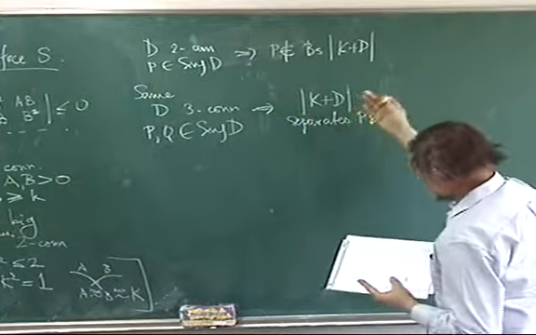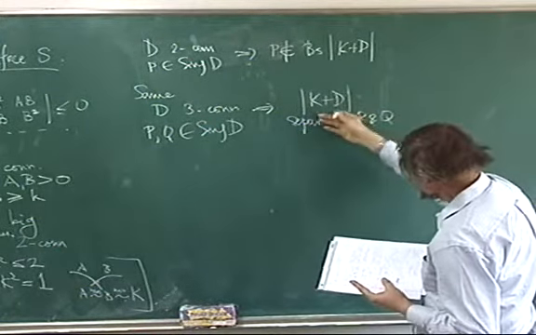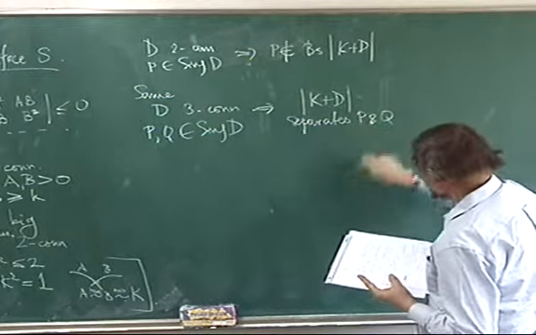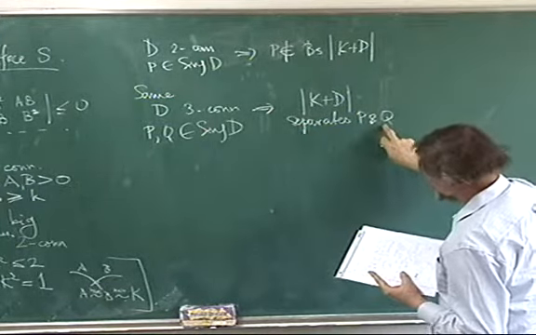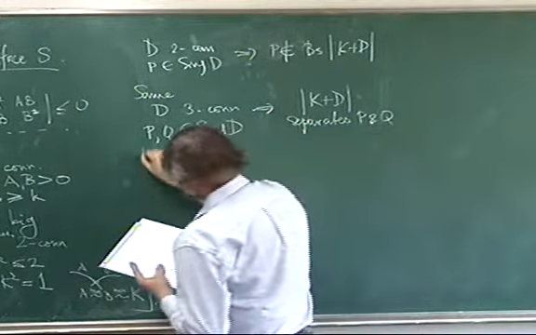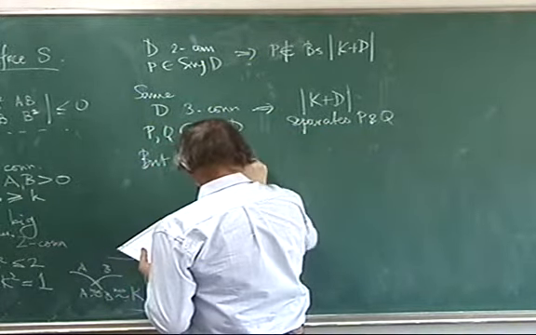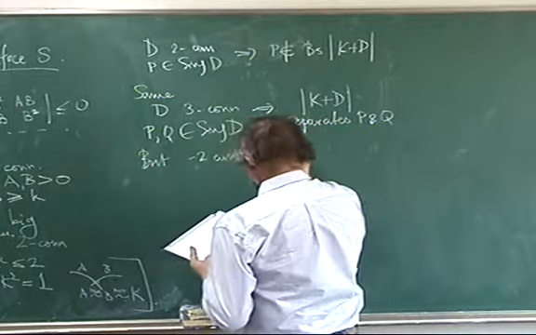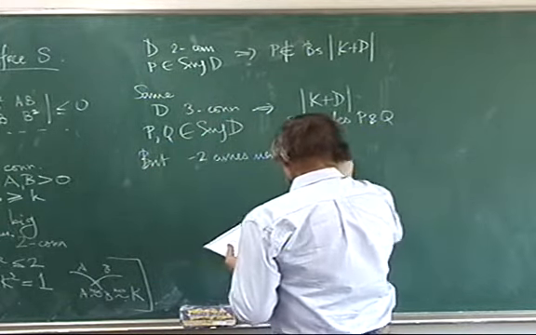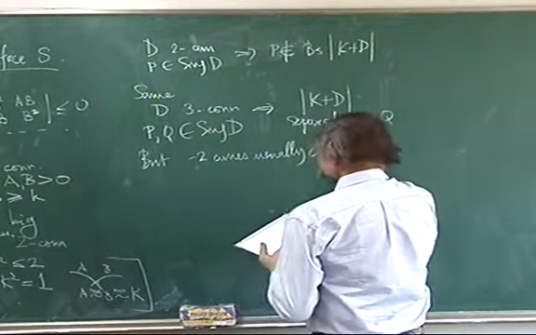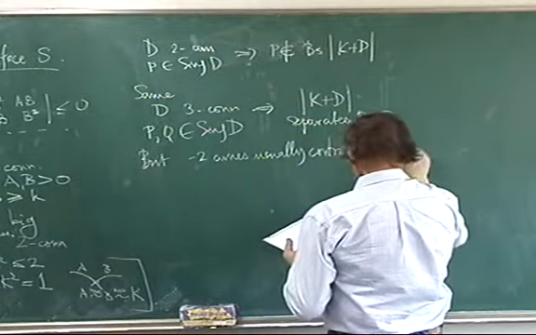Right, so in other words, the map defined by this linear system K plus D certainly separates this thing. However, minus 2 curves usually contradict 3 connected.